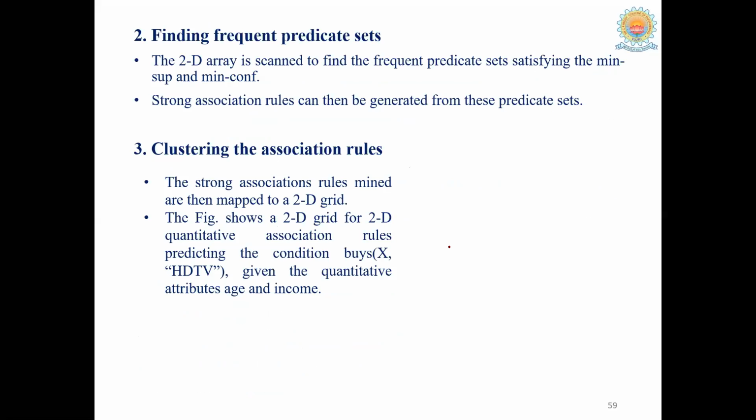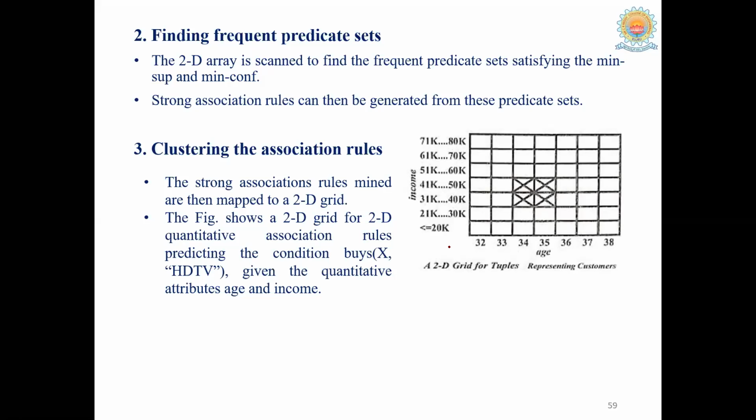Coming to the third step, clustering the association rules. In order to cluster the association rules, the formed association rules are projected and grouped as clusters based on neighboring points.